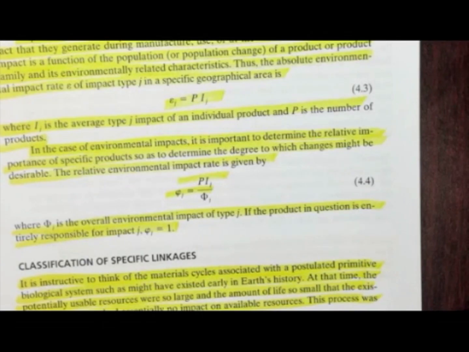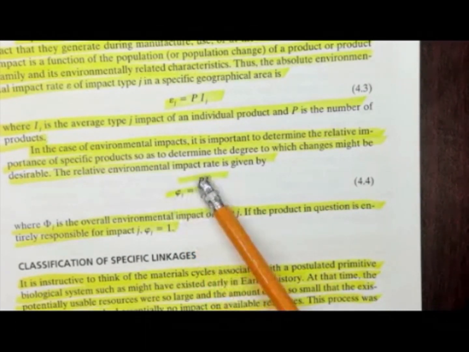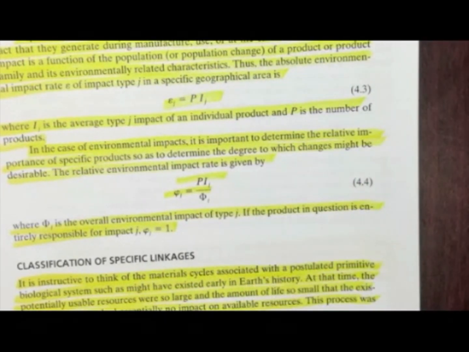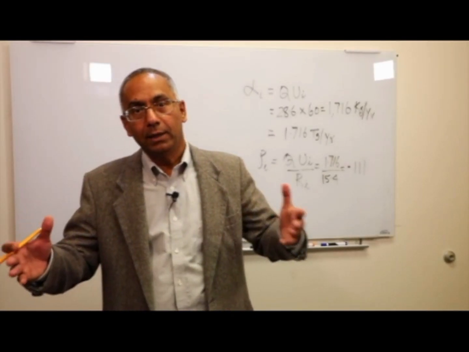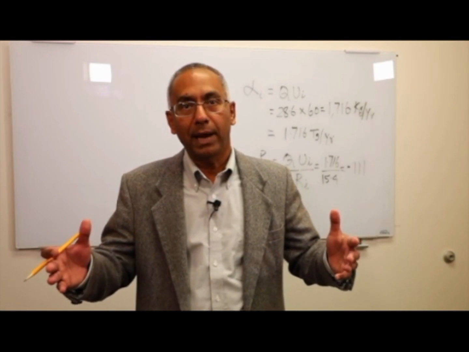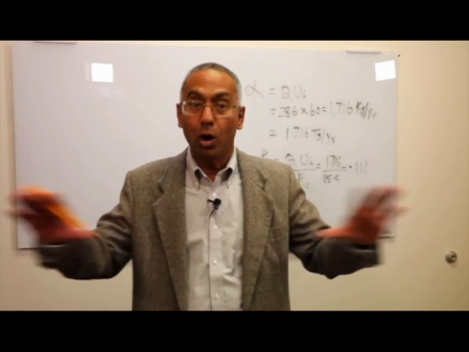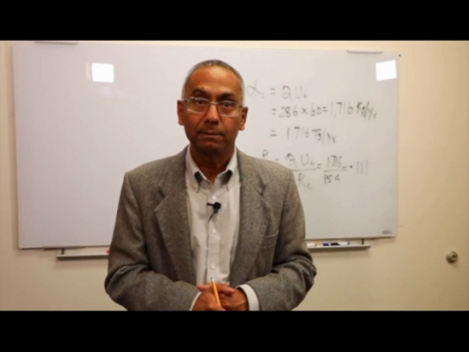Sometimes you may want to know just the relative, not the absolute. So phi j is the absolute, P times I j, divided by uppercase phi j, the total environmental impact of the jth type due to all kinds of industrial activity.